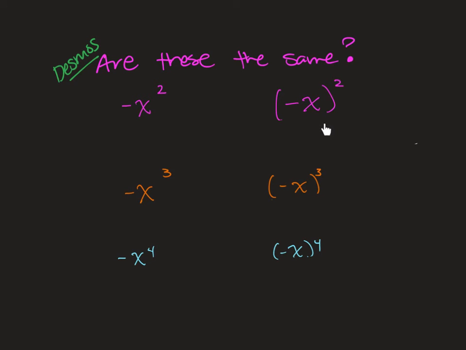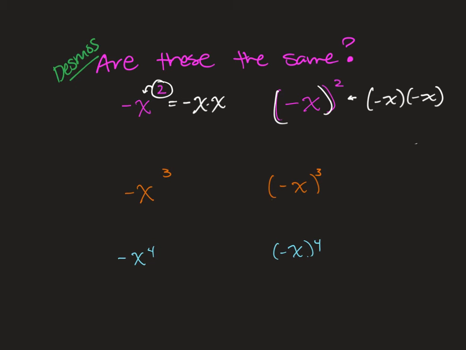But are these the same thing? What we found is that here, this is like having a negative, and the 2 is only with the x, so that's 2 factors of x. Here, the 2 is with all of the x squared, so this is like negative x times negative x.